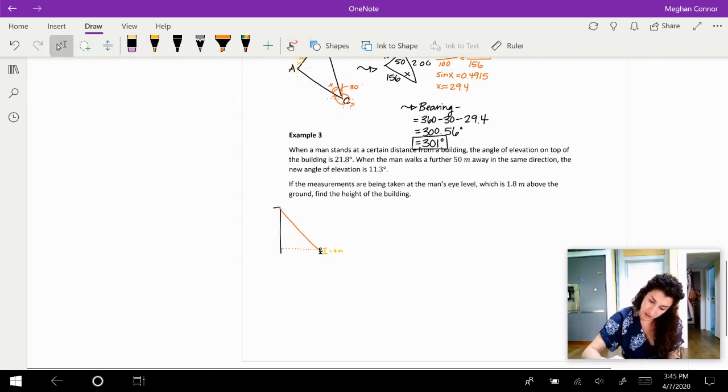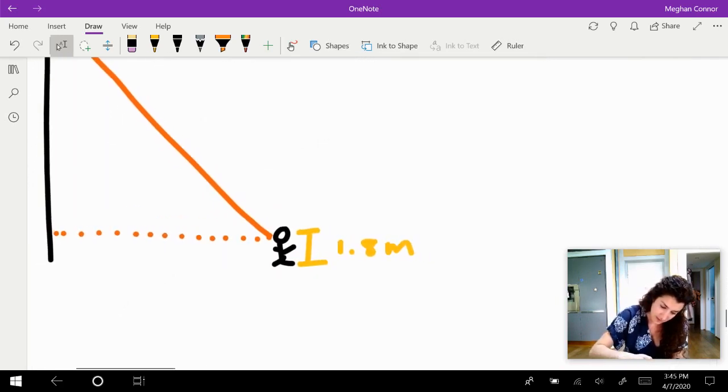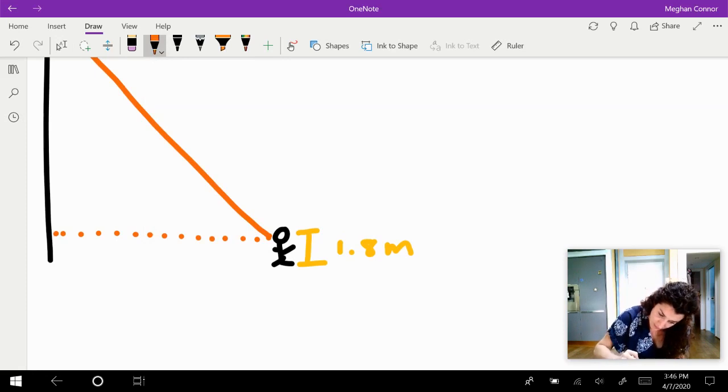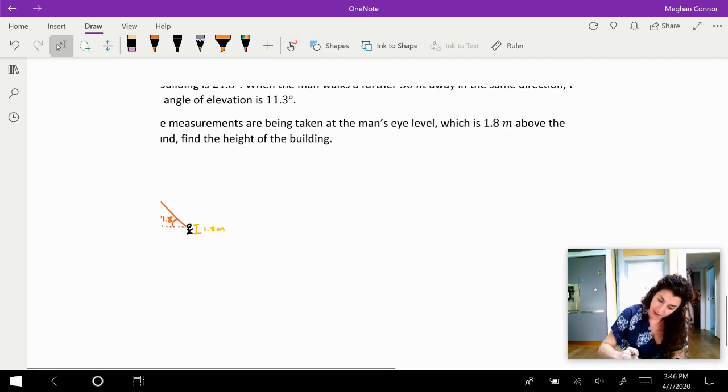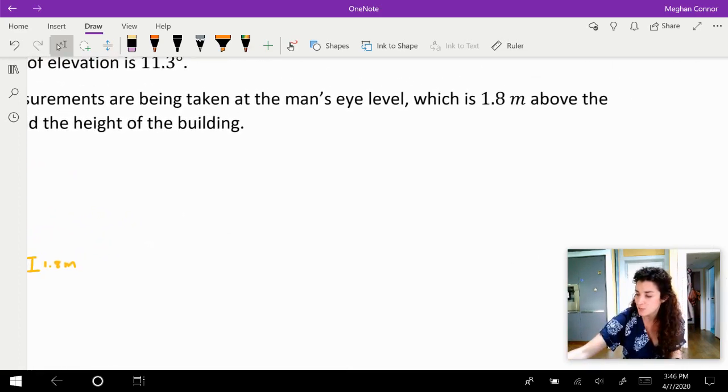And his angle of elevation for the first time is 21.8. And then it says that he walks 50 meters away. I keep forgetting the numbers.